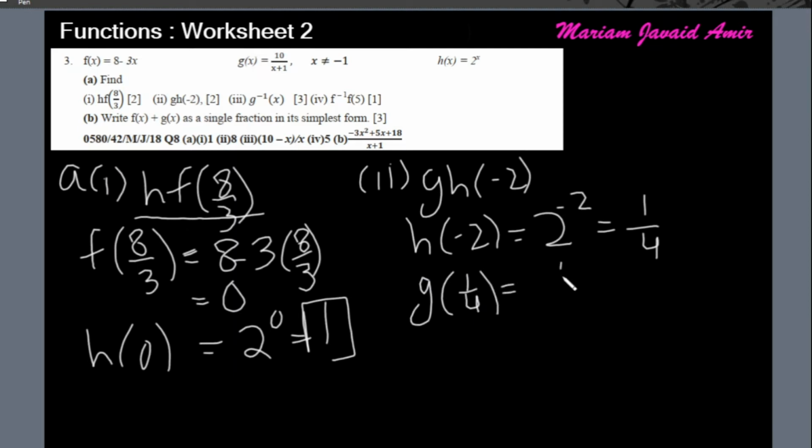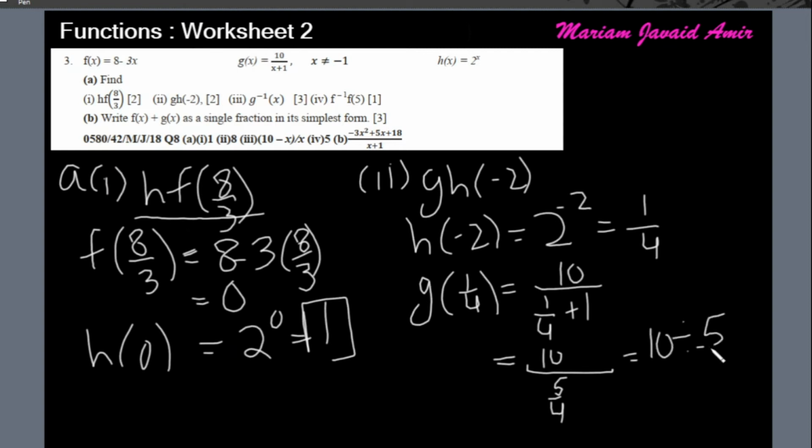So in the function gx, replace x with 1 by 4. We will take LCM 10 over 5 by 4, and then we'll get 10 divided by 5 by 4 equals 10 into 4 by 5, which gives us 8.